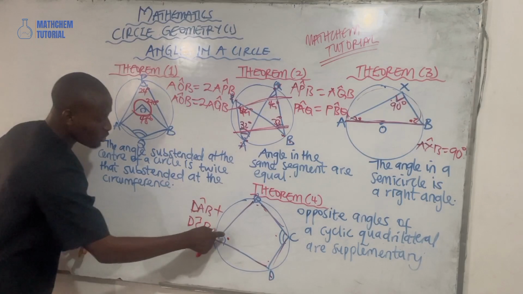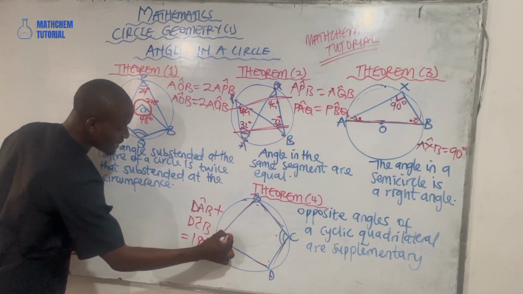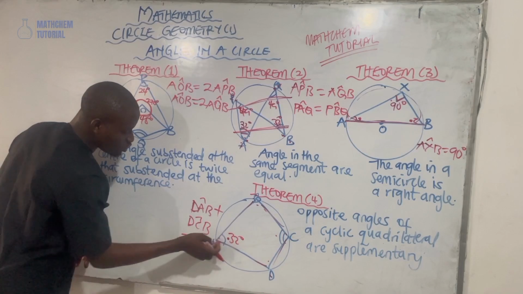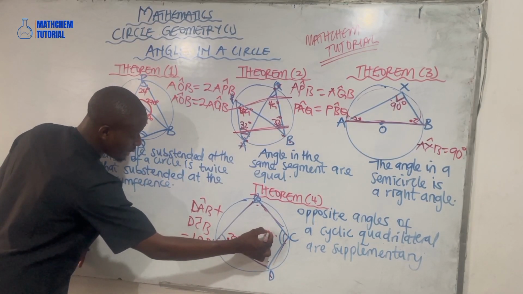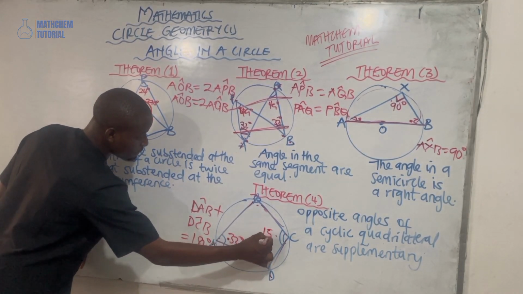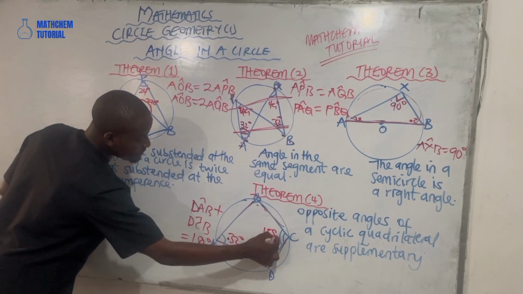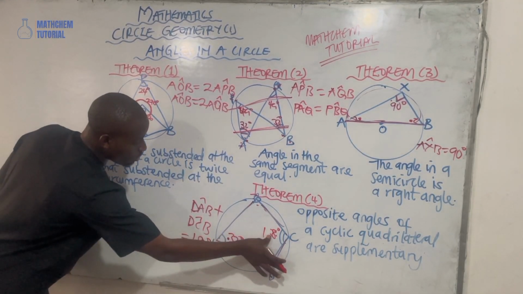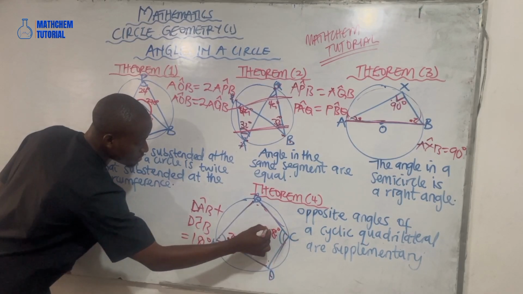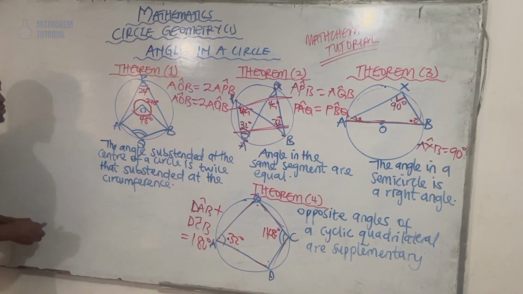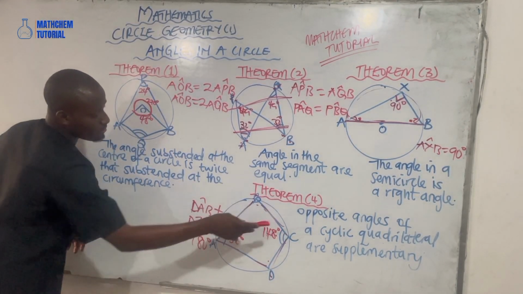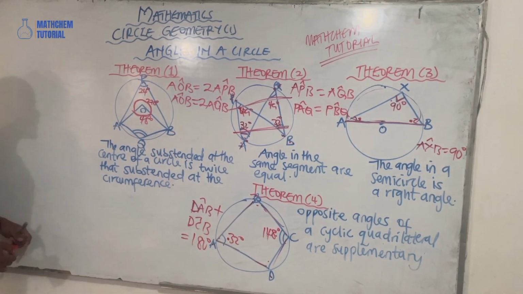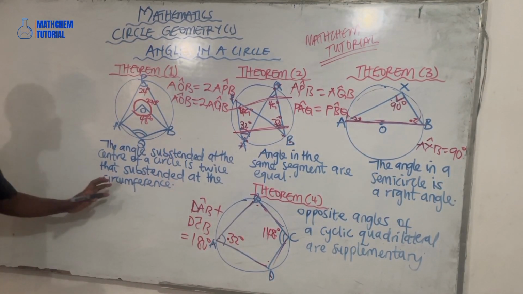Let's assume the angle here is 32 degrees. That means 180 minus 32 will give us the angle here, which is, oh sorry, 148 degrees. I'm just giving a hypothetical value. Supplementary means that when you add the opposite angles together, they will give you 180 degrees. So that is what this theorem is all about.